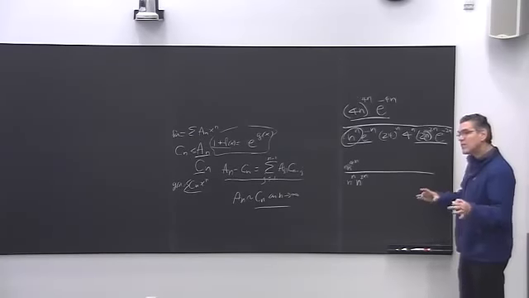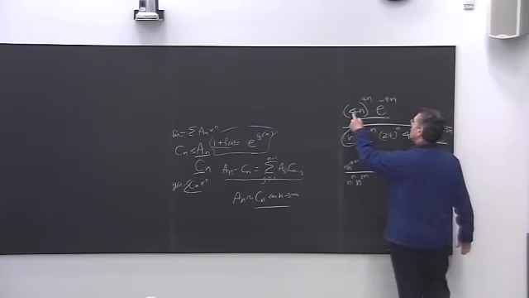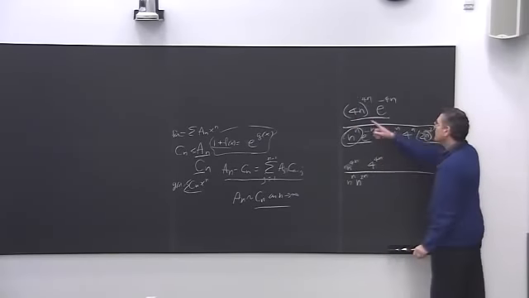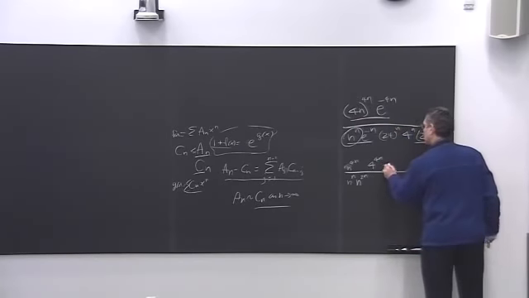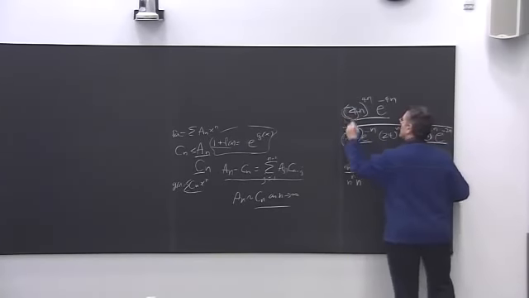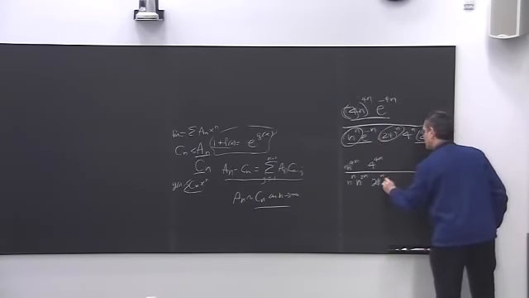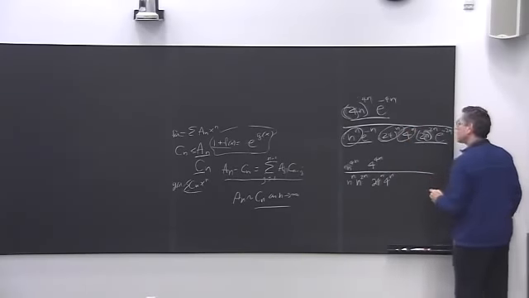Okay? Then we have numbers. So here is a 4 to the 4n, and we have that number. We have a 24 to the n from here. We have a 4 to the n from here.